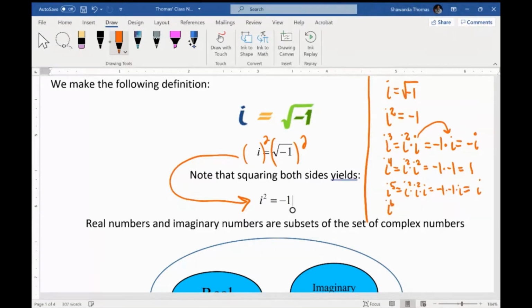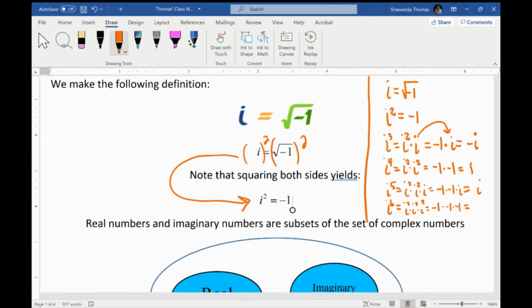Let's do one more. i to the 6th power. Give me one way to break up i to the 6th. i squared times i squared times another i squared. So that's -1 times -1 times -1. Did we do that right?